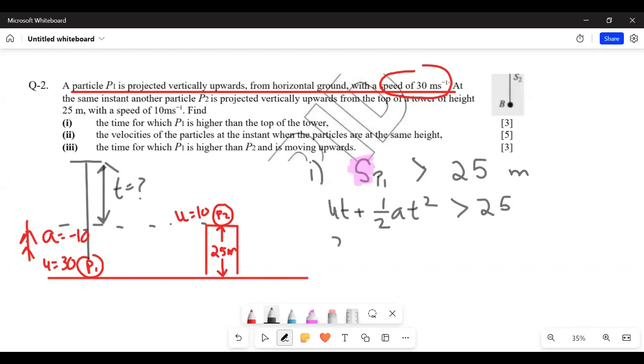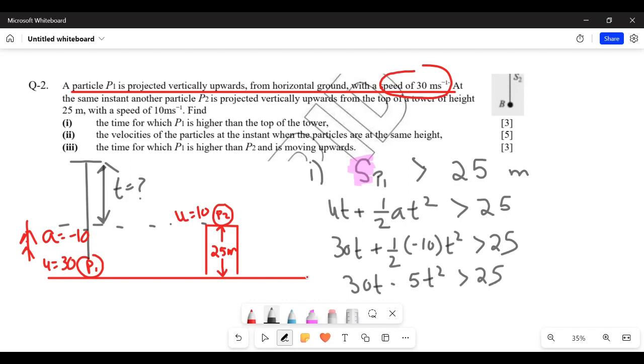So it's going to be 30T plus half minus 10T square greater than 25. So 30T minus 5T square greater than 25.